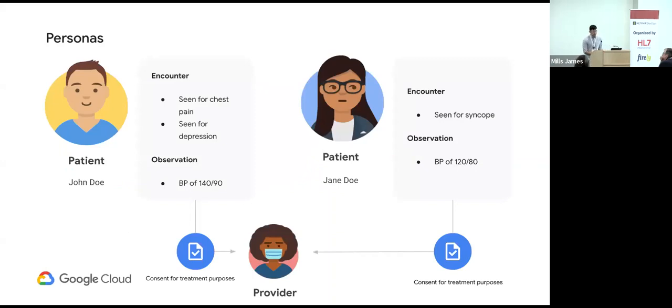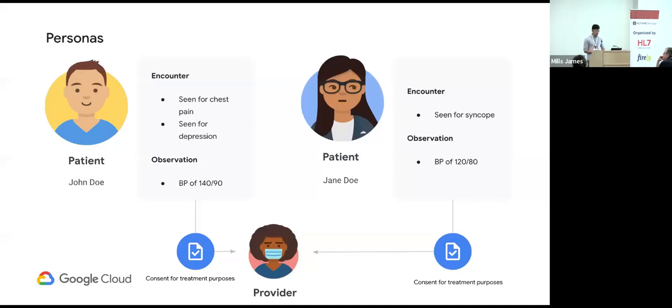I only have a few FHIR resources. Since this is a shorter talk, I'll keep things simple. But we have, of course, the two patient FHIR resources representing the two patients. We have a provider resource. And then those two patients have a few FHIR resources associated with them.